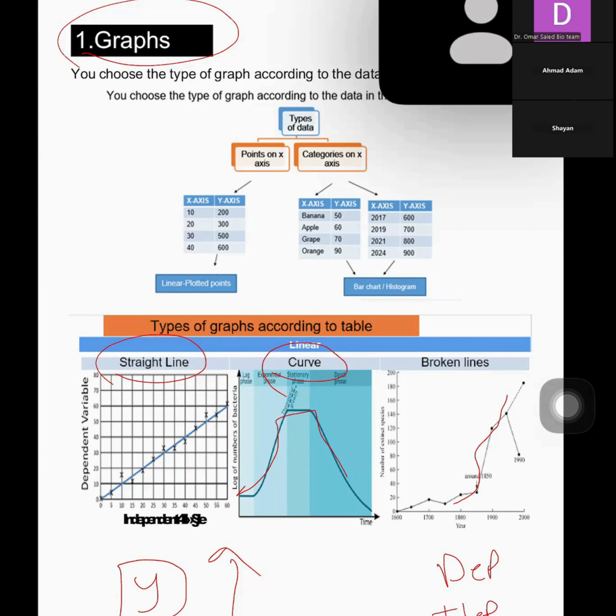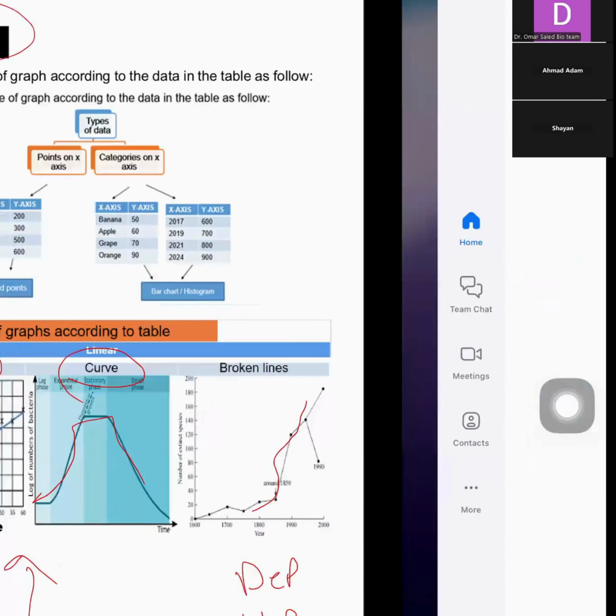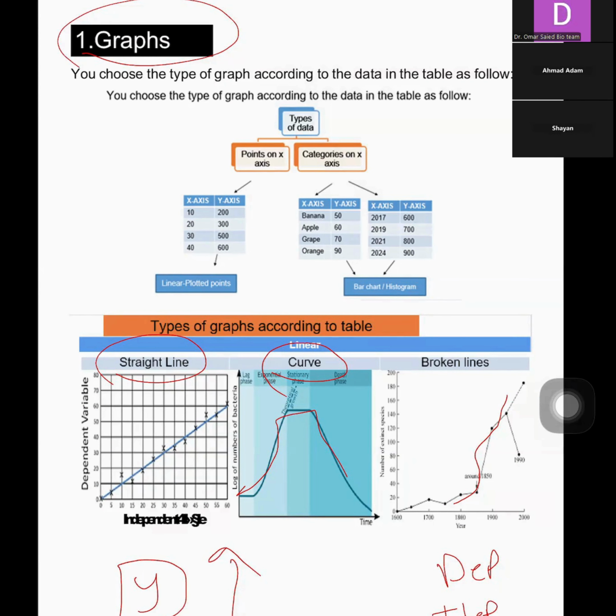Who can type for me in the chat? What's the difference between dependent and independent factor? Yeah, who can tell me? I'm waiting for your answers. Can you hear me? Hello?